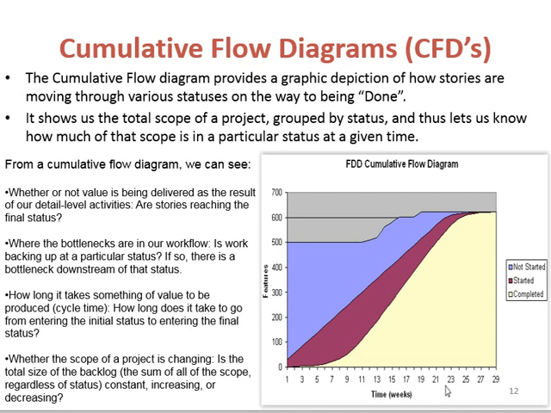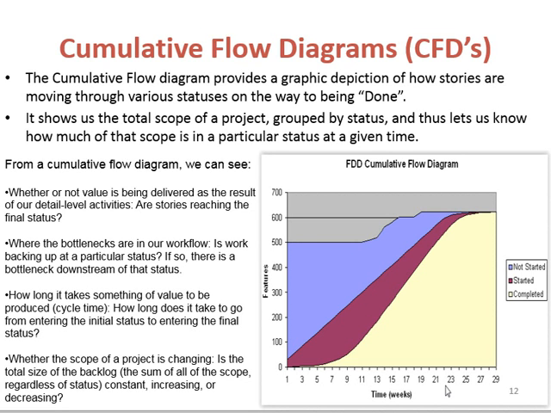So it shows us the total scope of a project grouped by status, and thus lets us know how much of that scope is in a particular status at a given time. From cumulative flow diagrams we can see, number one, whether or not value is being delivered as the result of our delivery-level activities: are stories reaching the final status, from not started to completed? Number two, where the bottlenecks are in our workflow.